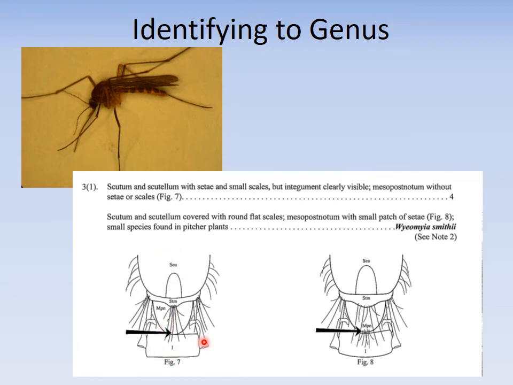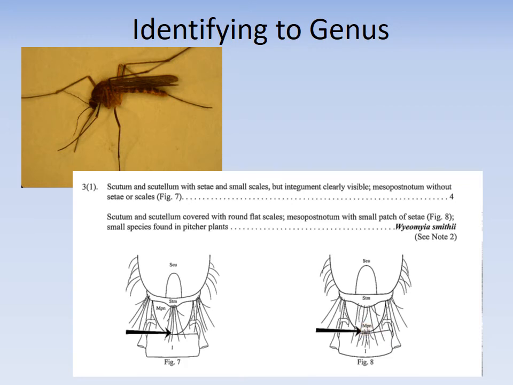This portion right here is the first segment of the abdomen. And then this connecting material that bends, it looks like a lobe that connects the two. This is the meso-postnotum. There are no setae visible here, but then here there are setae.